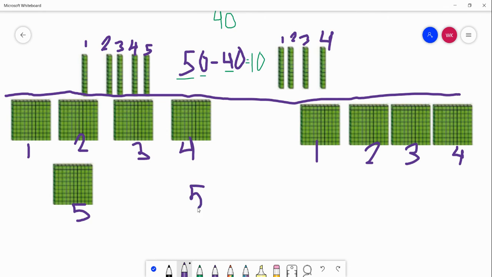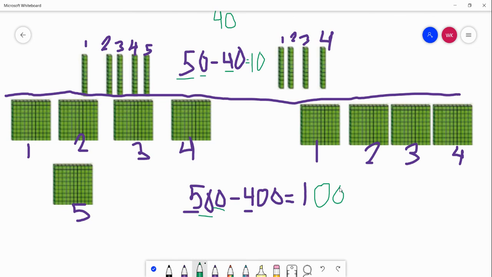So we have 500 minus 400, because 4 hundreds blocks equals 400. And we just figured out that 5 minus 4 equals 1 in our above problem. So we're going to put a 1 right there. And then you need to make sure to add your place value or add your zeros in. So our answer is 500 minus 400 equals 100.